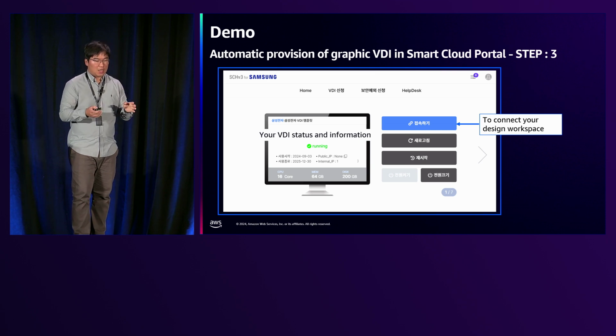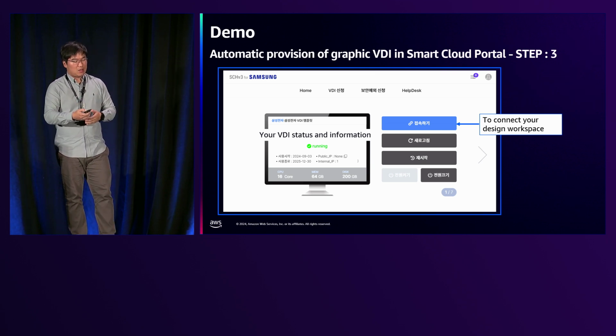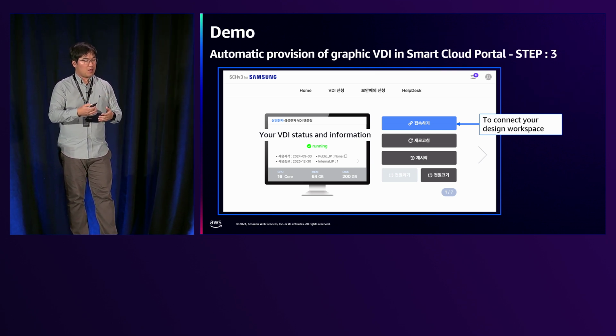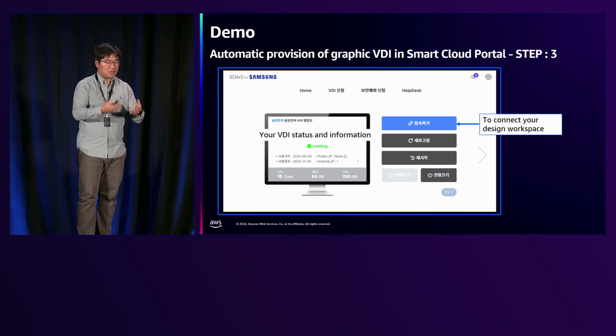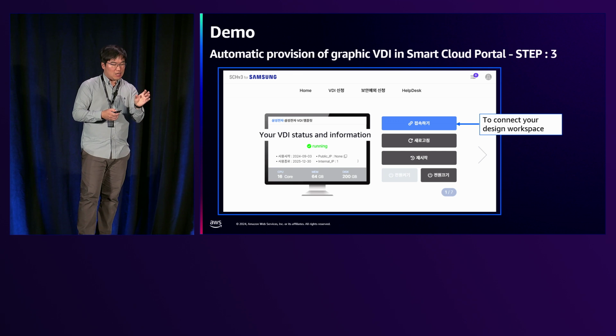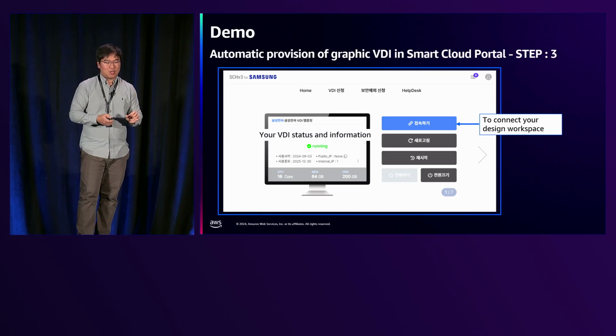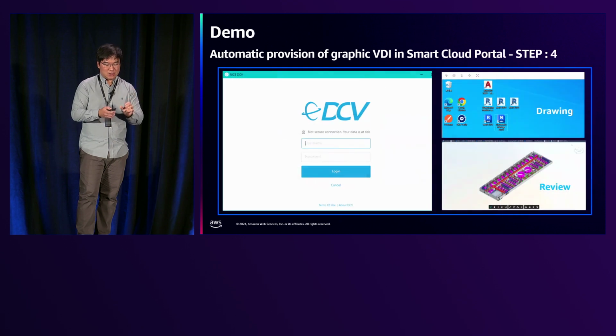After that, on the backend side, the cloud system provisions the EC2, and after provisioning, the left side image changes to show their IP address, and then they push the blue button on the right, and then they connect to their VDI in the DCV client.